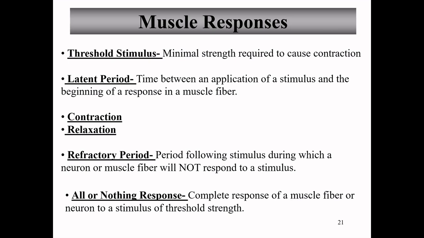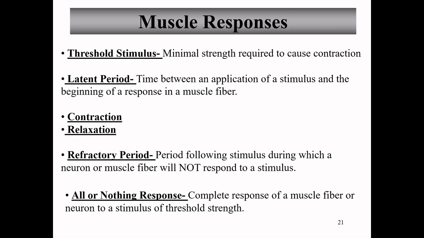If we do negative 69 millivolts, no, it's not going to contract. If we do negative 72, it absolutely will, because we're above that threshold. We have to at least get to negative 70 millivolts. We have to meet that minimum strength requirement. So that's why we call that the threshold stimulus. The threshold is just the point we have to get to for that muscle contraction to even start.